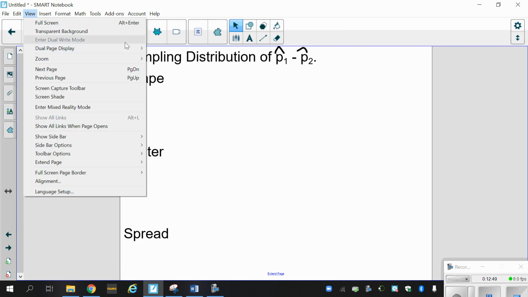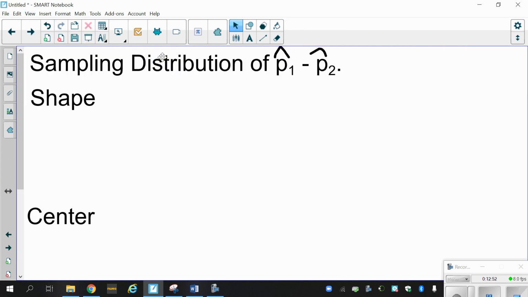Okay. Next, what if we want to discuss the sampling distribution of the difference in proportions? So now we're actually going back to random variables, where we have random variable 1 and random variable 2, and we pull randomly from the first variable, pull another value randomly from the second variable, and then subtract these two values.